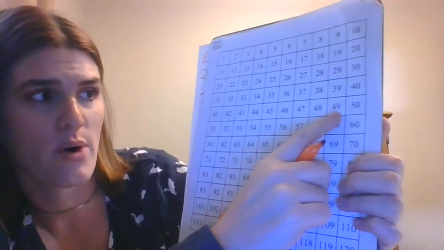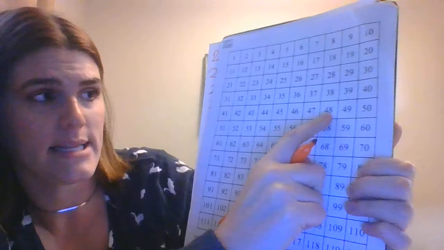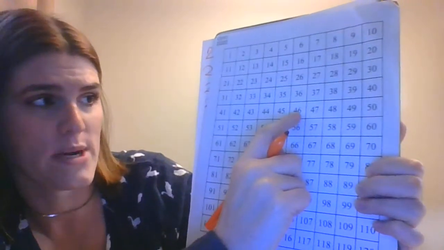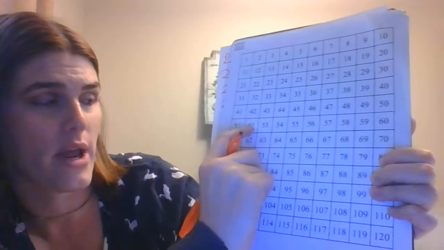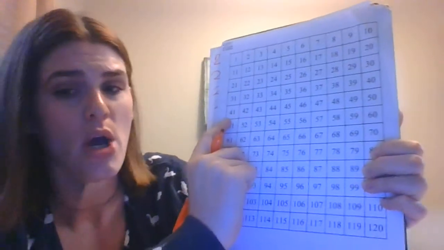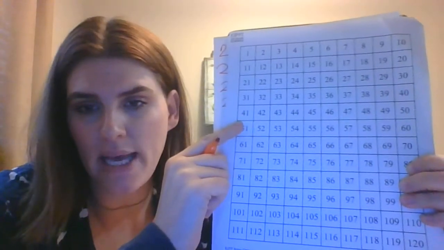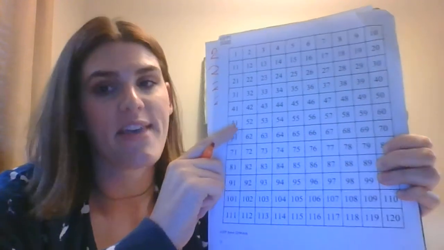50, 49, 48, 47, 46, 45, 44, 43, 42, 41. Remember, when I count backwards, my numbers get, yes, they get smaller. So I'm going to write that. I started with 50. And I'm counting backwards.